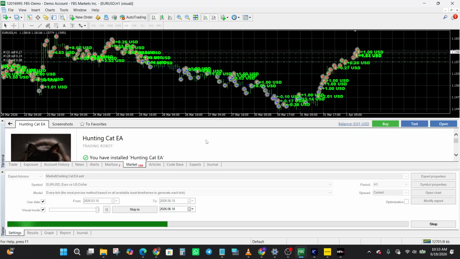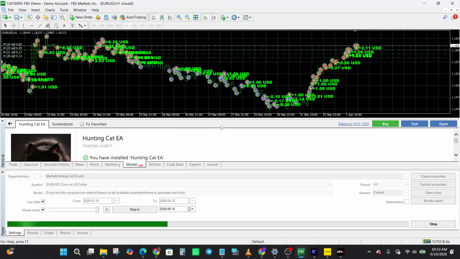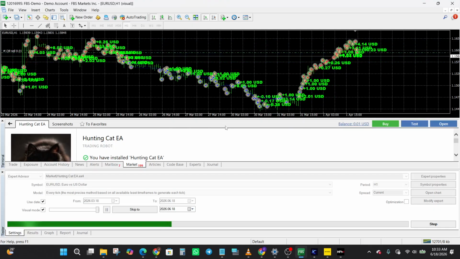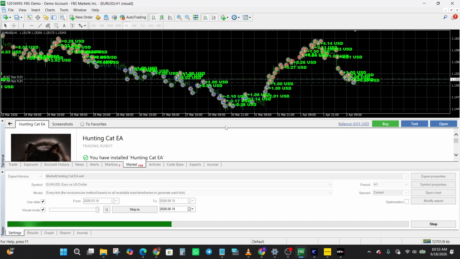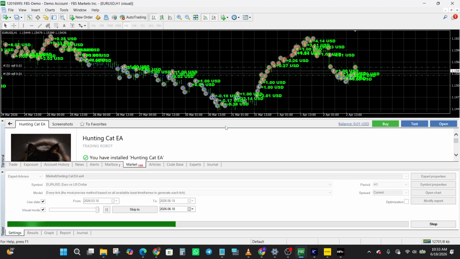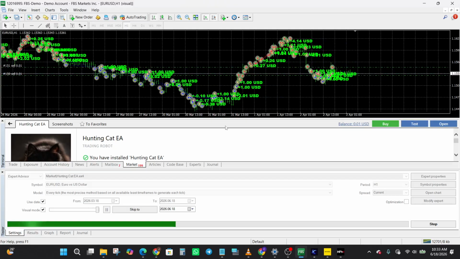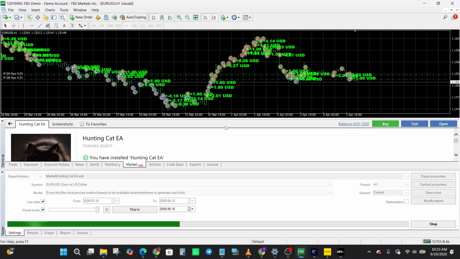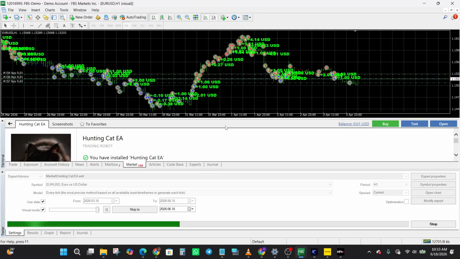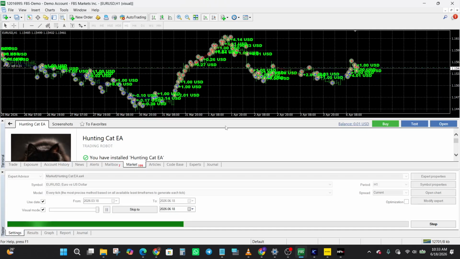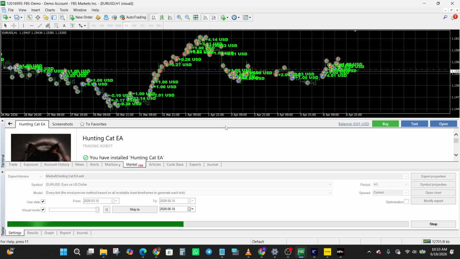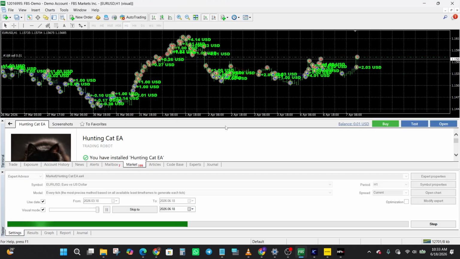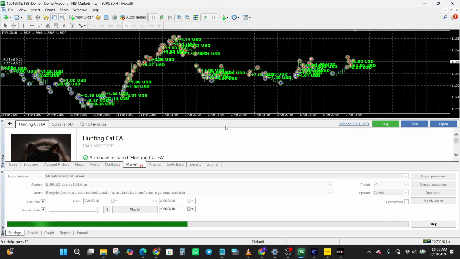So, looking at the overall historical testing performance, it is important to remember that backtest results are simply a record of past market conditions. Future results can vary depending on risk settings, lot sizes, broker execution quality, spread, slippage, market volatility, and how well the EA is optimized for the instrument being traded.